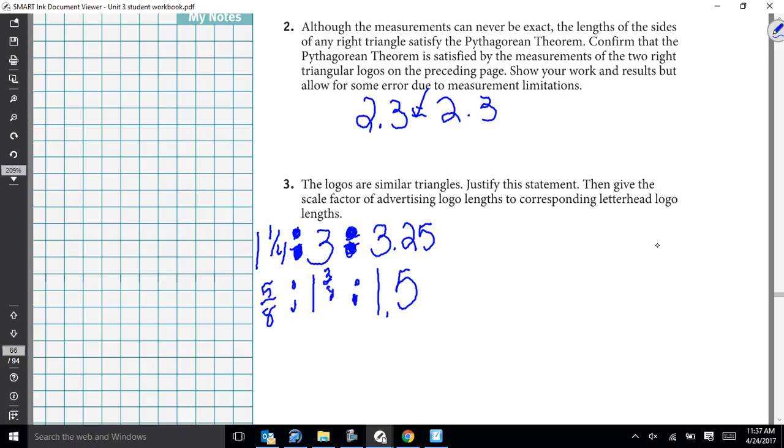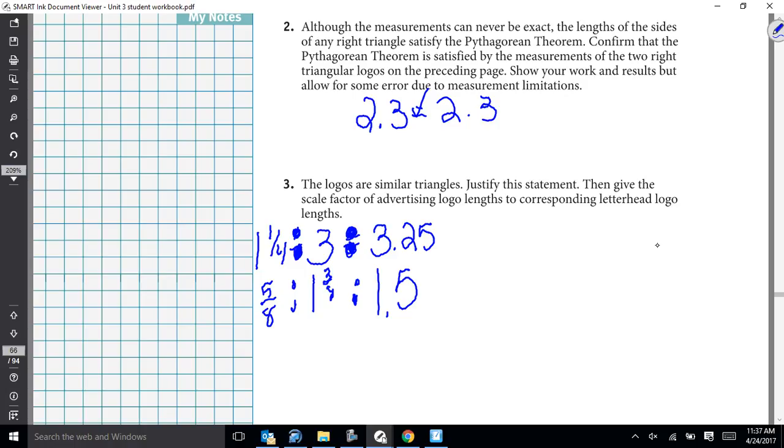So to get from 1.5 to 3.25, to get from our letterhead to our advertising, what do we multiply by? Or if we set these up as fractions, you said 2.3? Okay. So is it the same from here to here? Yeah. And then from 5/8 to 1 1/4?